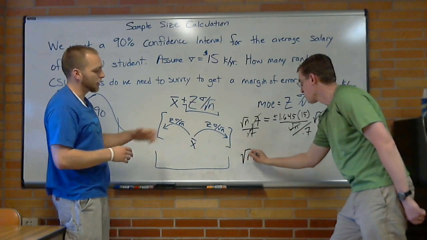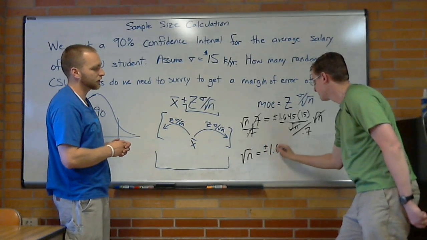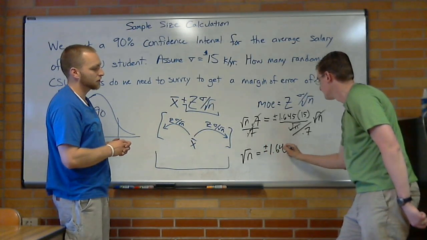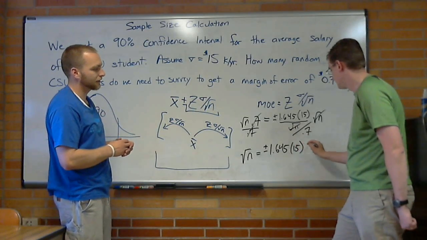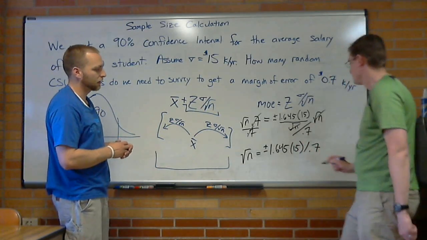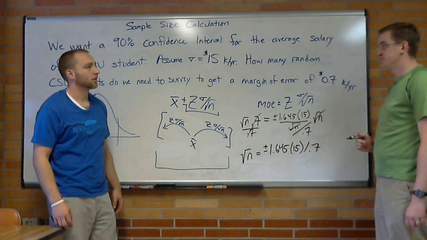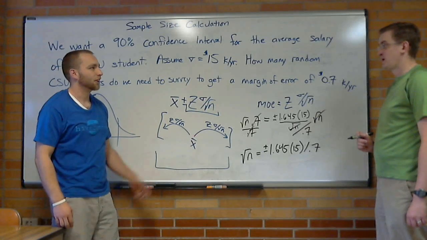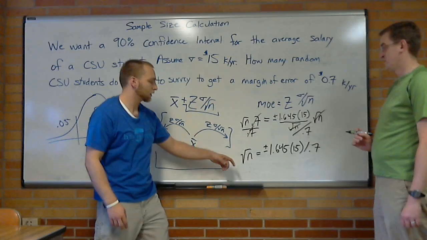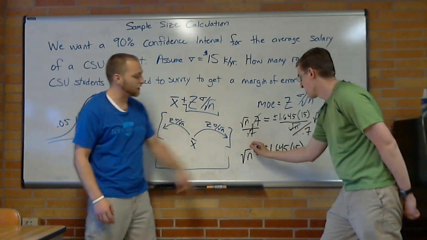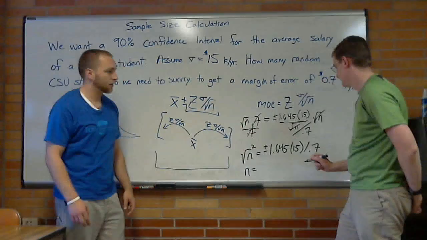So if you want to rewrite that, square root of n equals the plus or minus 1.645 times 15 divided by 0.7. Now, how do we get rid of a square root? You have to square to get rid of a square root. So if you square this side, you have to square the other side.